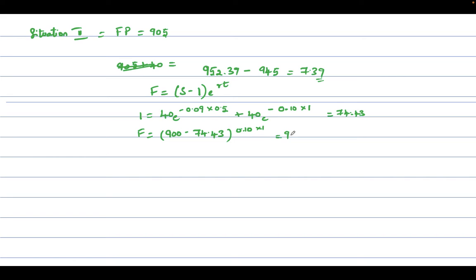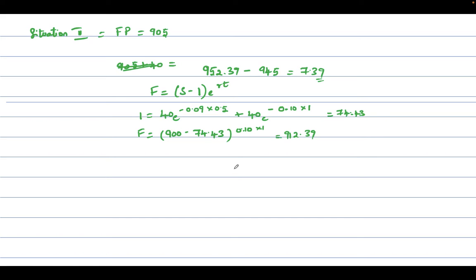So we will get it as 912.39. So this is just a calculation. You don't have any mathematical questions like this. This is just for the sake that you should know how it is being calculated.